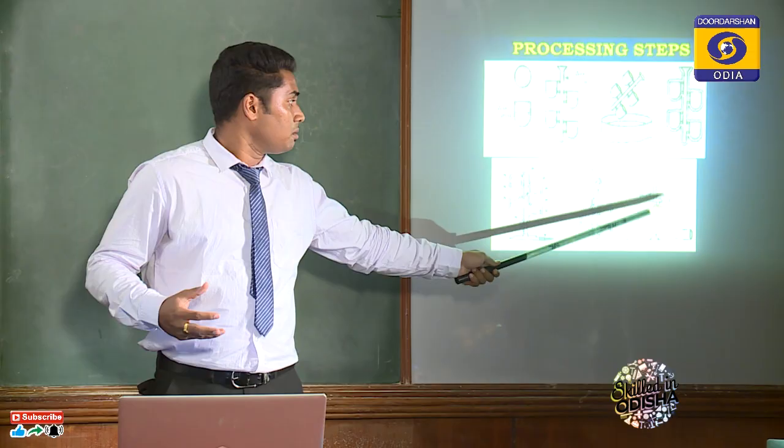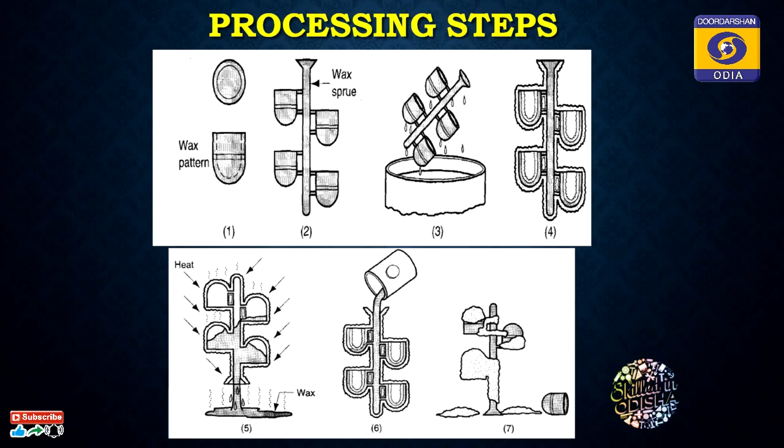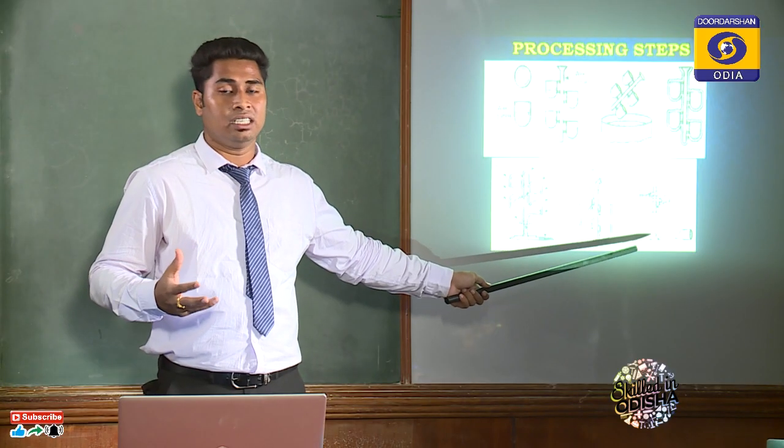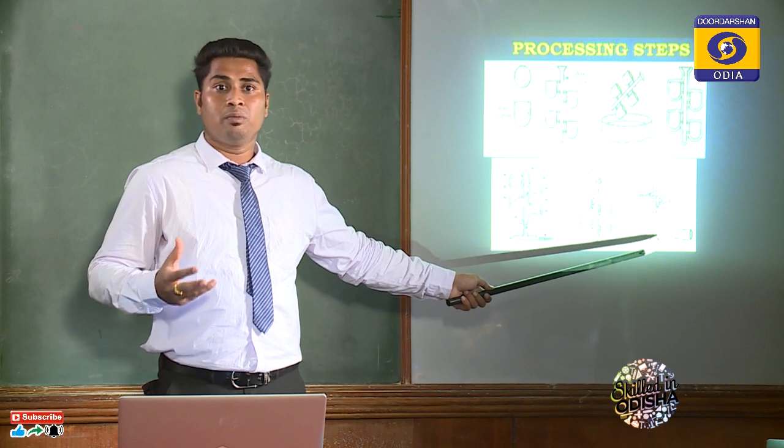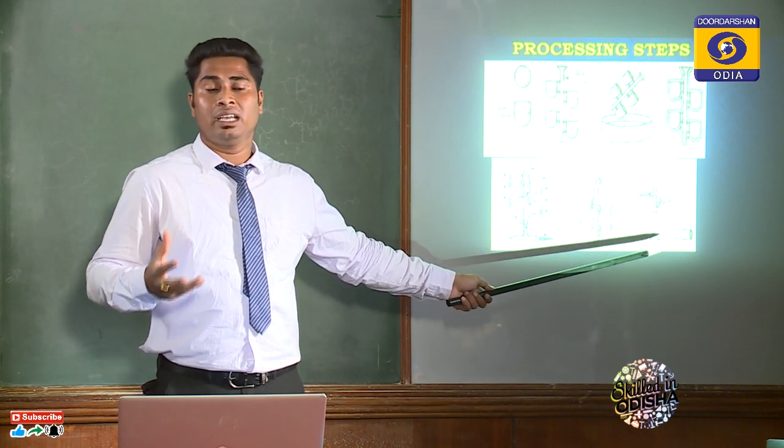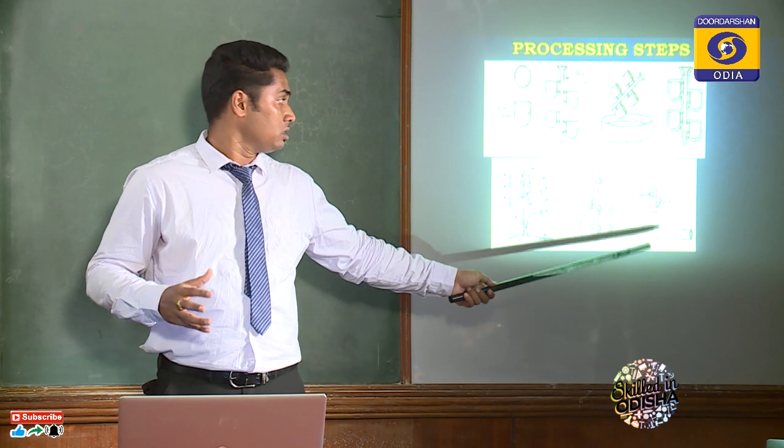And after solidification, this is our final casting product, which we can get by fettling and finishing operation. Means we have to remove the unwanted parts from the casting. After that, by finishing operation, we can get our desired product.